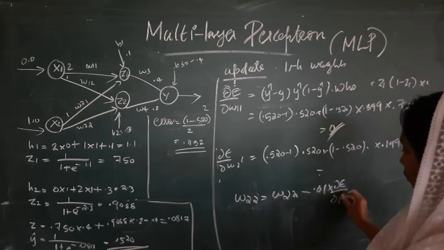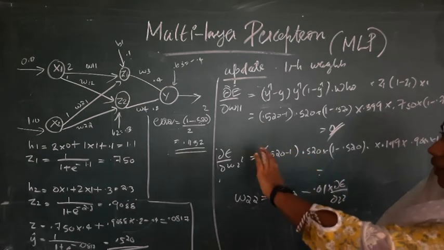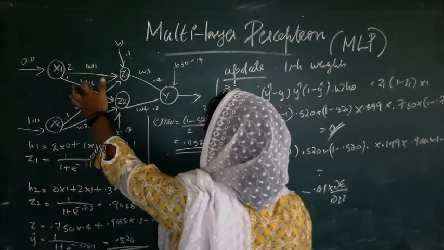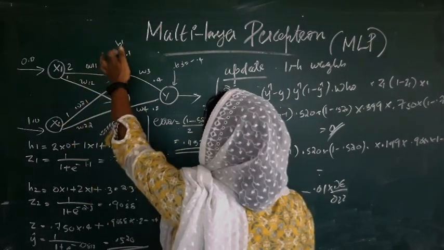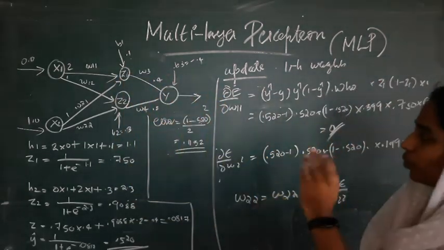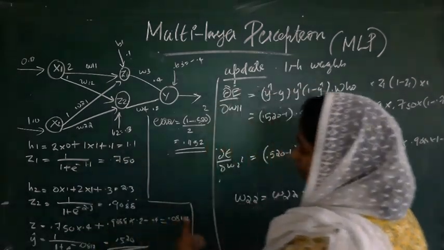Okay. So once you get all the values of weights and biases for the network, that is when you complete getting W11, W12, W21, W22, B1, B2, B3, W3 and W4, you can just do this process once again and you will get a different output.